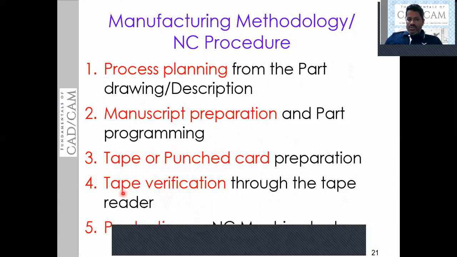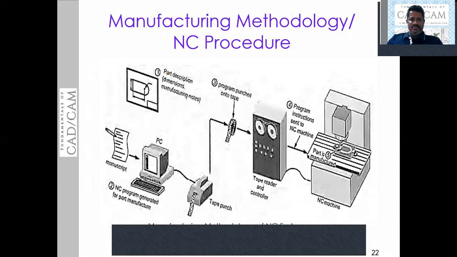We will also see the tape reader in the coming slides. Then you have the production on the NC machine. Finally, we are going to perform the work on the actual NC machine tool. We will see in detail all these five steps.